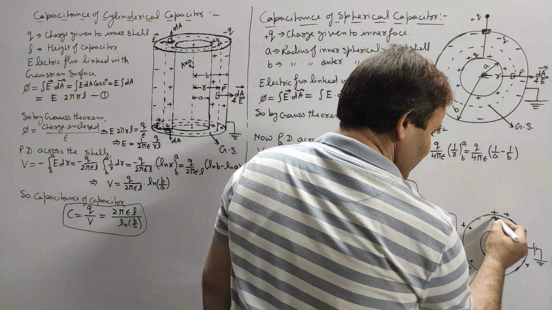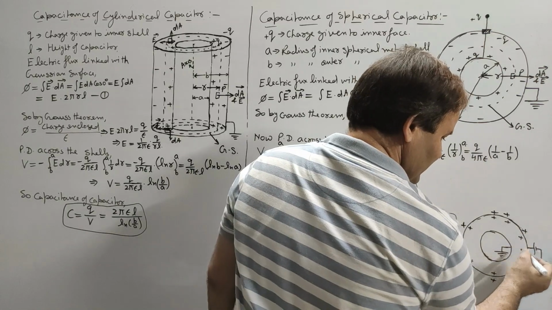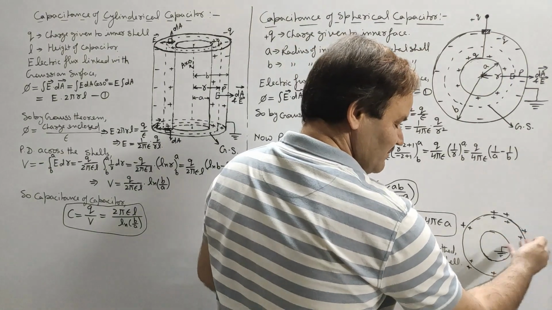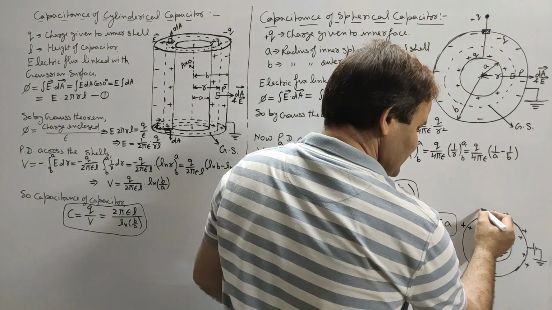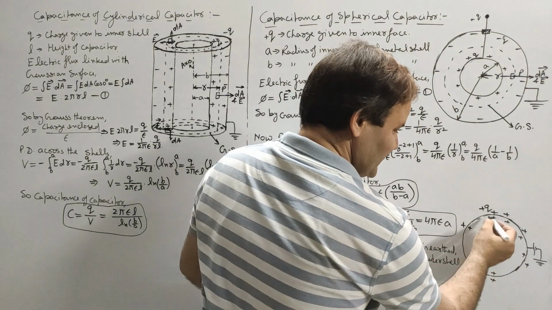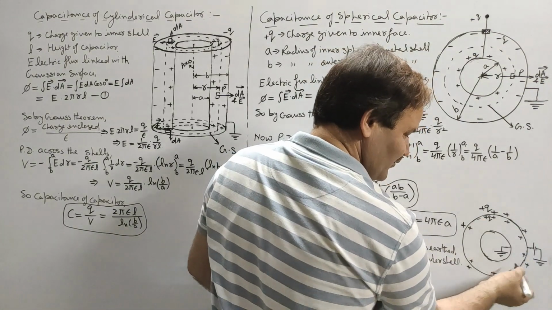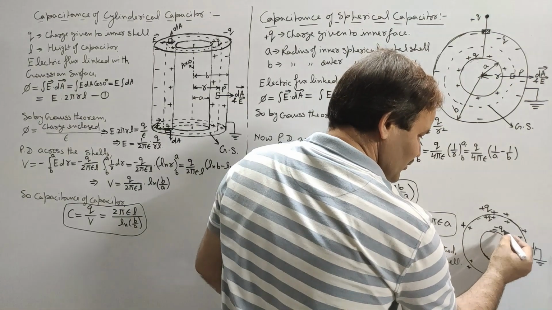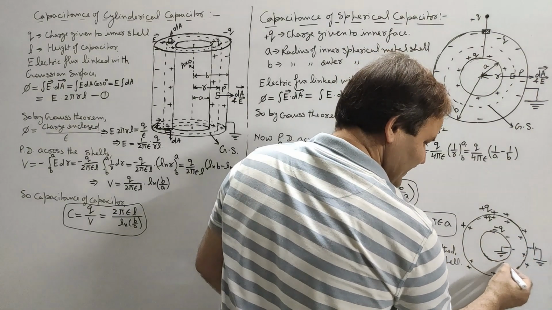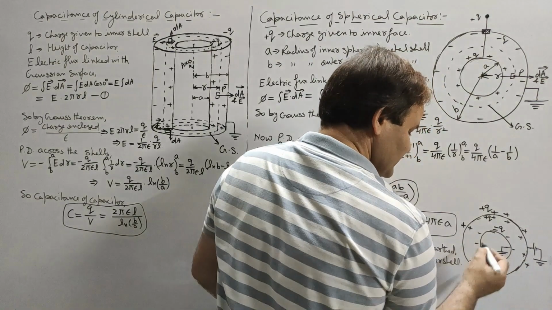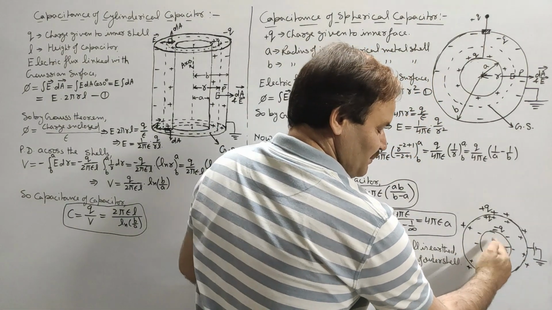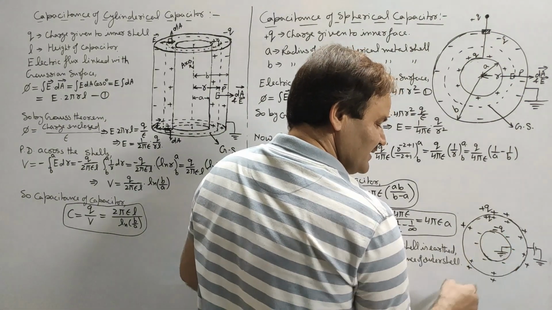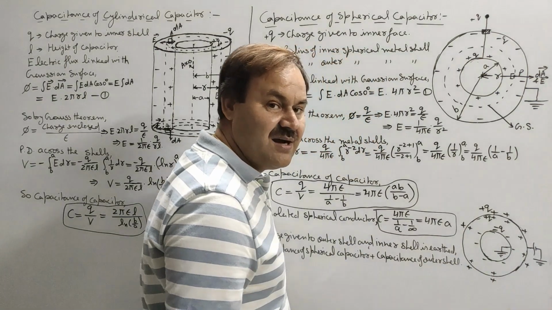It means outer and inner face of outer shell will acquire same charge, and if that charge is plus Q, then this plus Q on inner face of outer shell will induce a minus Q on outer face of inner shell, and plus Q induced at the inner face of inner shell will be neutralized by the earth.